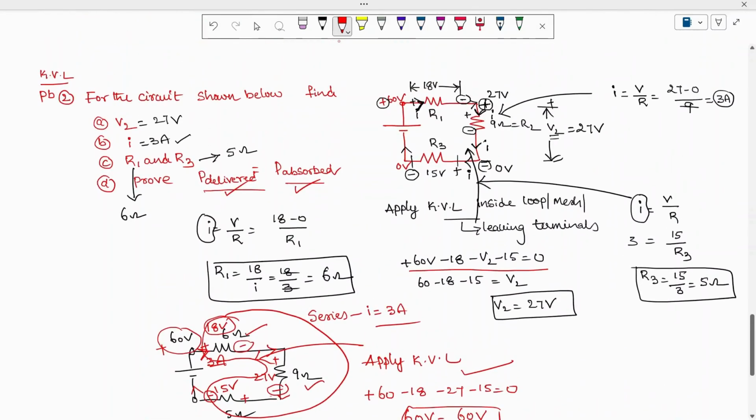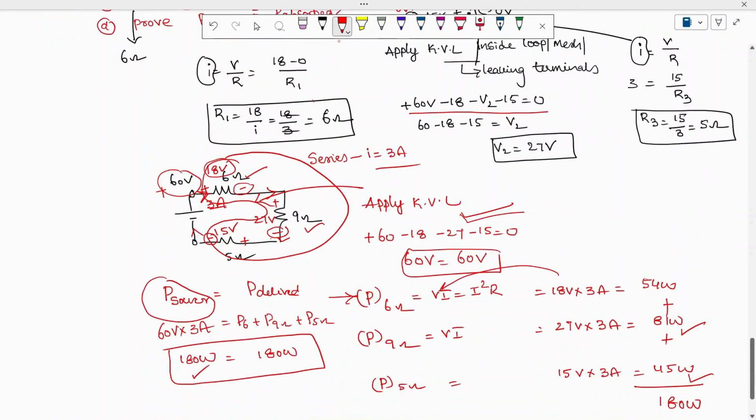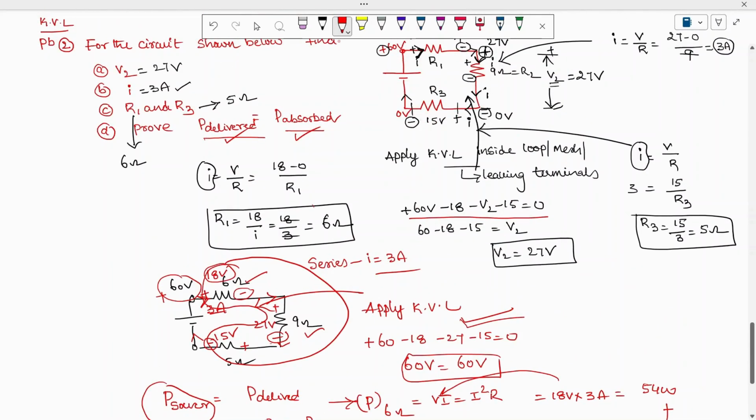I can say it is very simple to understand. This is a series circuit where 6 ohm, 9 ohm, 5 ohm are connected in series. The voltages developed are 18 volts, 27 volts, and 15, which if you add will be equal to 60. That's how we are applying KVL. And power delivered is equal to power absorbed. So hope you understood this problem.